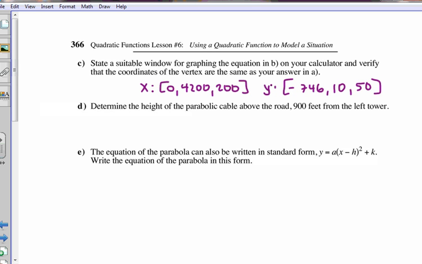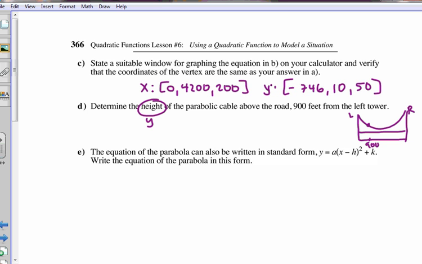Determine the height. Is that Y or X? Well, if you're talking height, road, yeah. So we're looking for the Y above the road, 900 feet from the left tower. So here's my left tower, and we want 900 feet, when our X value is 900 feet from the left tower.